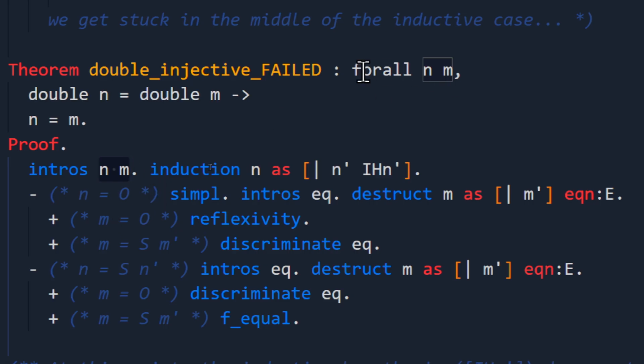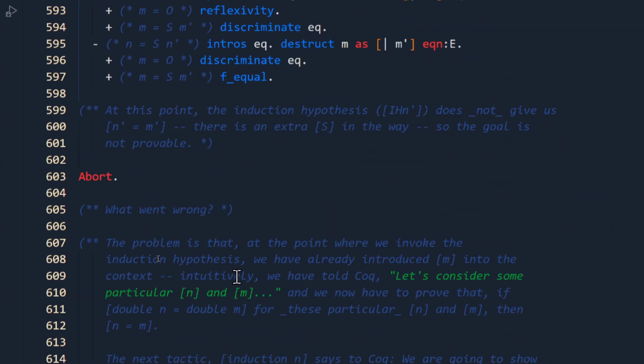So even though you're saying for all n and for all m, when you introduce n and m into the proof, you're choosing one, is how I interpreted this section. And then that runs into issues because you've chosen a particular value for m, the proof runs awry. Let's see what went wrong.